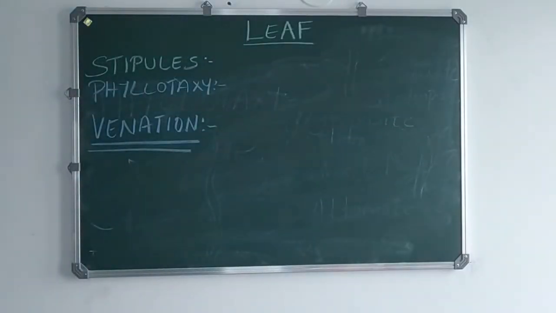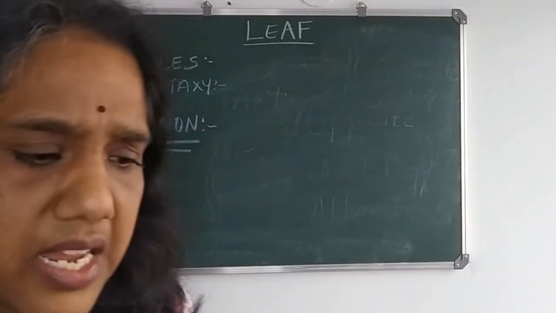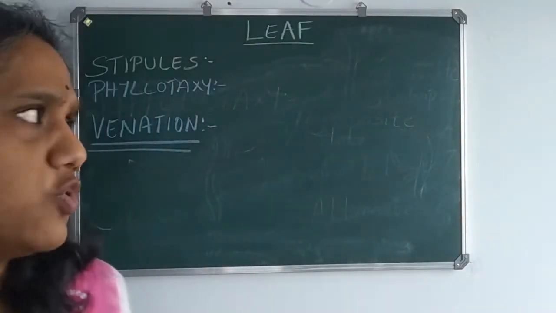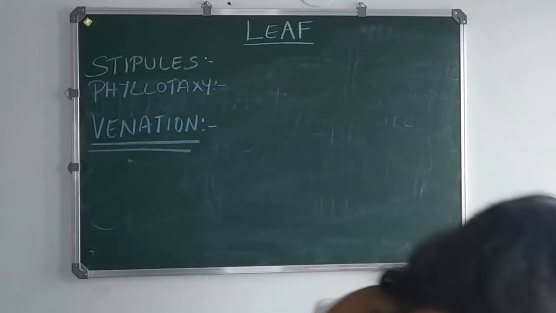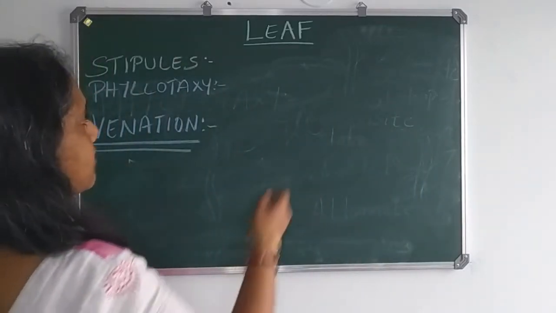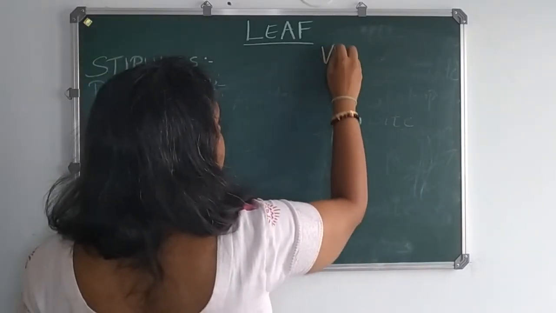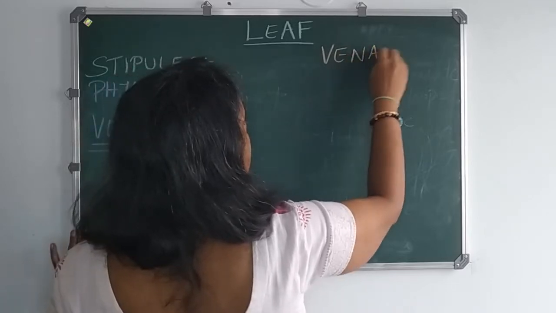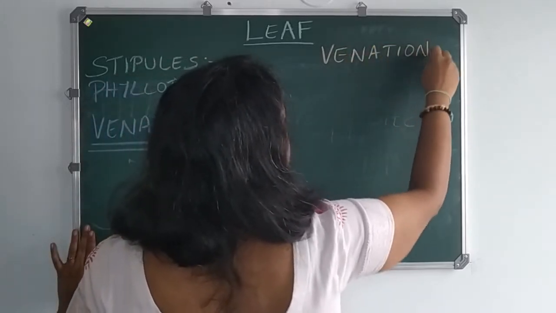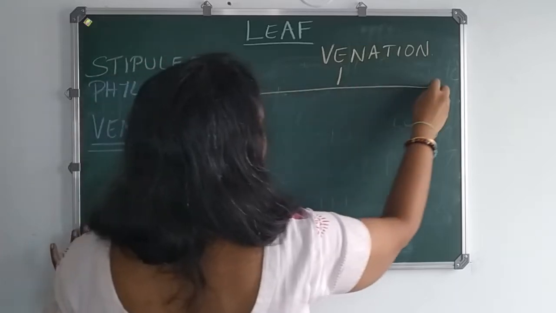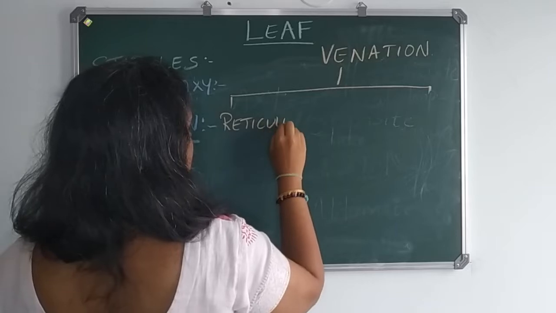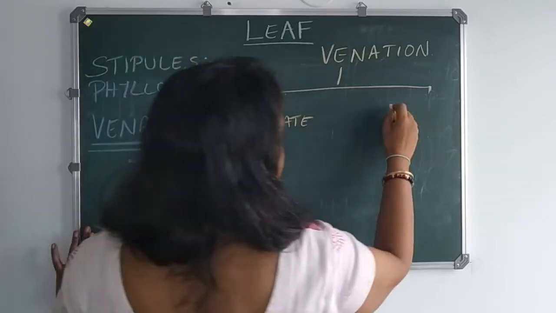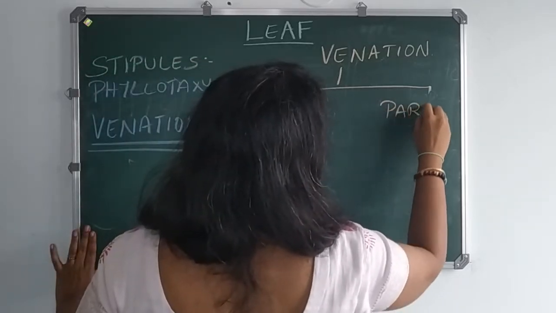Now, this venation has many types, so we are also going to learn about the classification of the venation. How do I classify the venation? Basically, there are two types of venation which we notice in nature. One is reticulate venation. Another one is parallel venation.